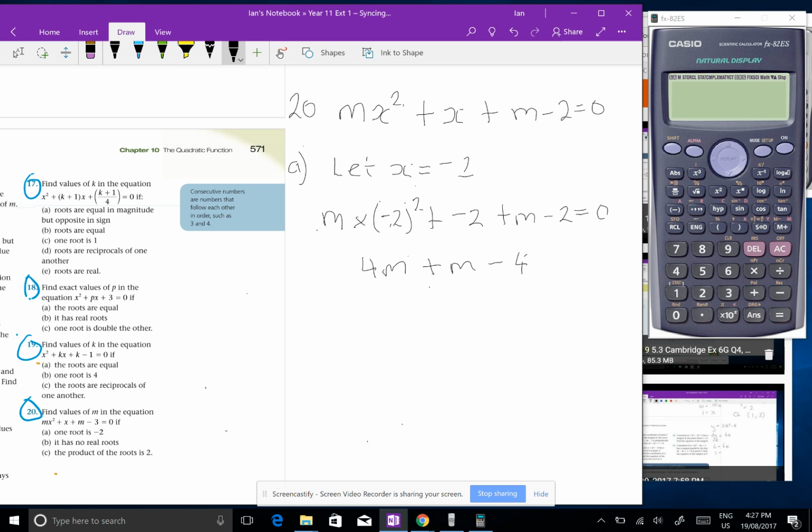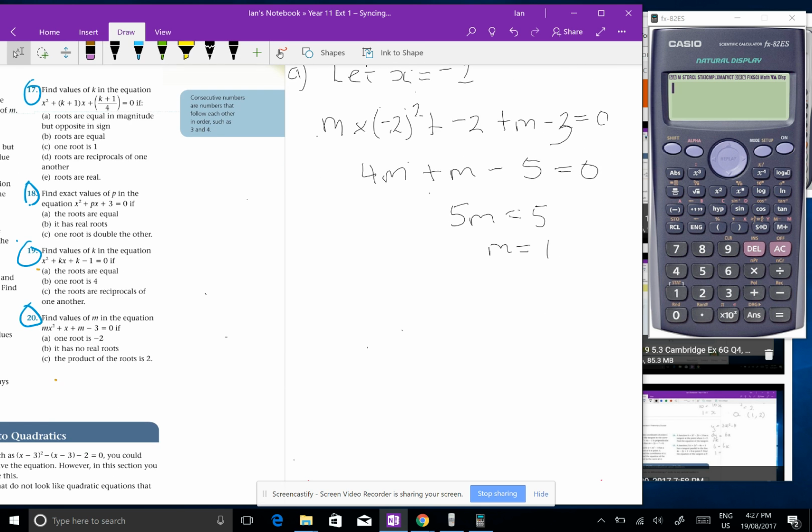That's because I've written minus 2 and it needs to be minus 3. So over here, let's get rid of that, and that'll be minus 5 equals 0. Gives me 5m equals 5 and m equals 1. Okay, let's move to the next one.